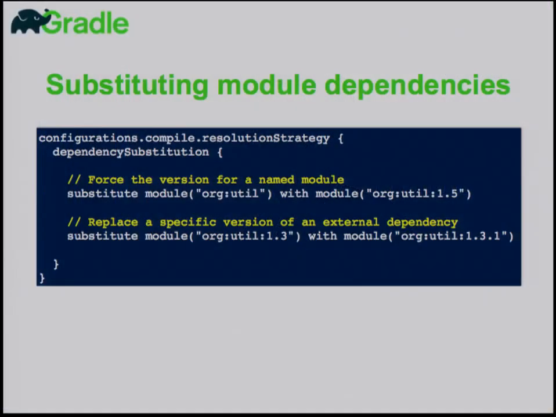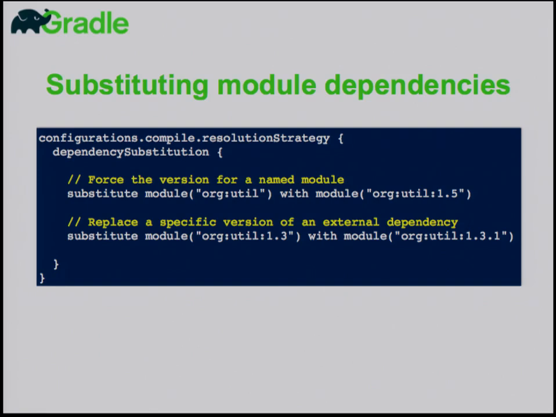Okay, so have a look at the new DSL for dependency substitution. So this is an example of substituting dependencies with basically just doing what you can currently do with dependency resolve rules. We've got I guess more of a fluent API for this, hopefully making it a little bit simpler for the simple use cases, a bit more readable syntax. So once again, we're doing this on the configuration.